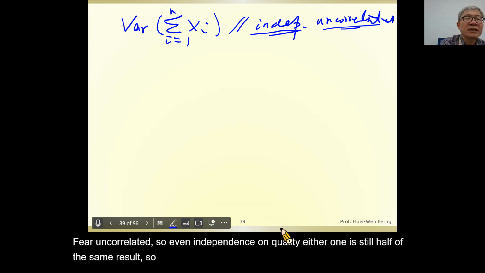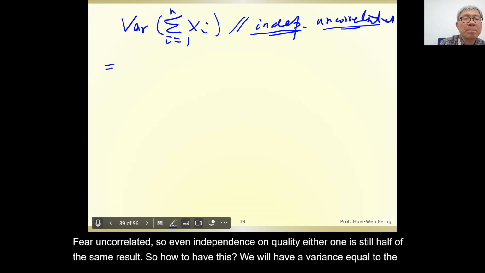So how do we get this? We will have the variance equal to the definition again.